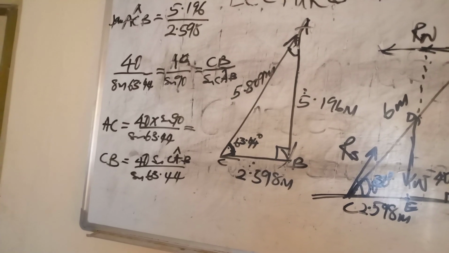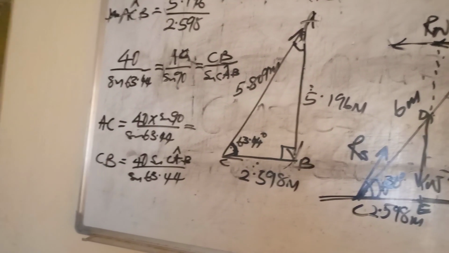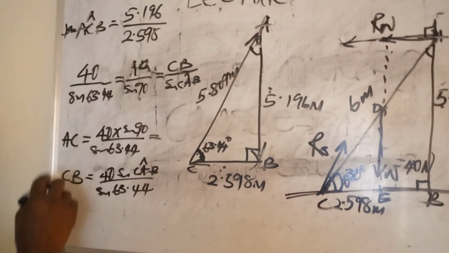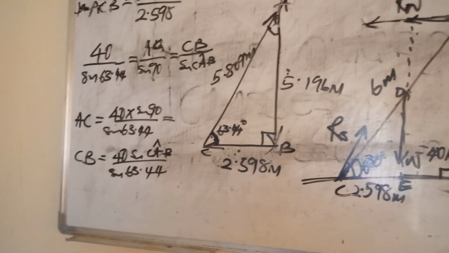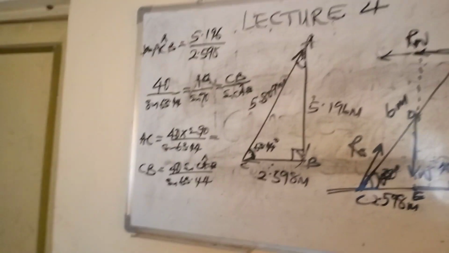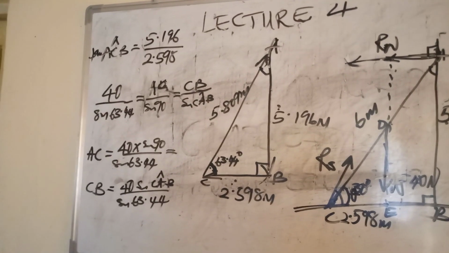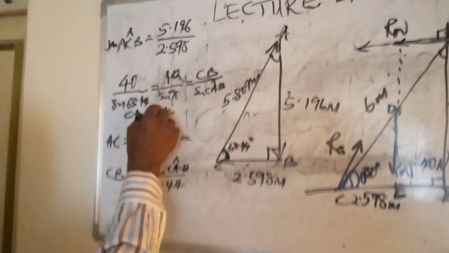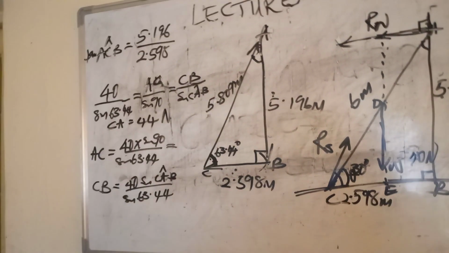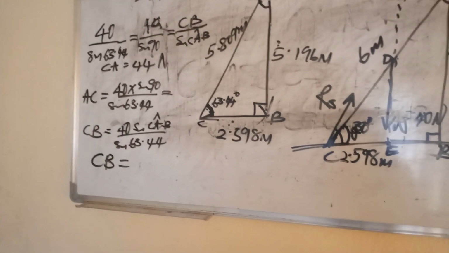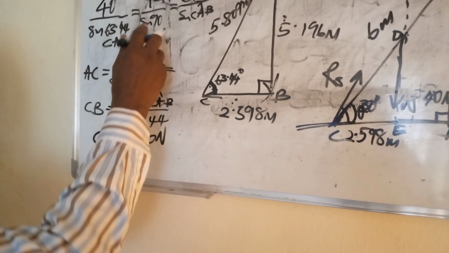So if I do that, I have that CA is equal to 44.77 newtons, while CB is equal to 20 newtons.